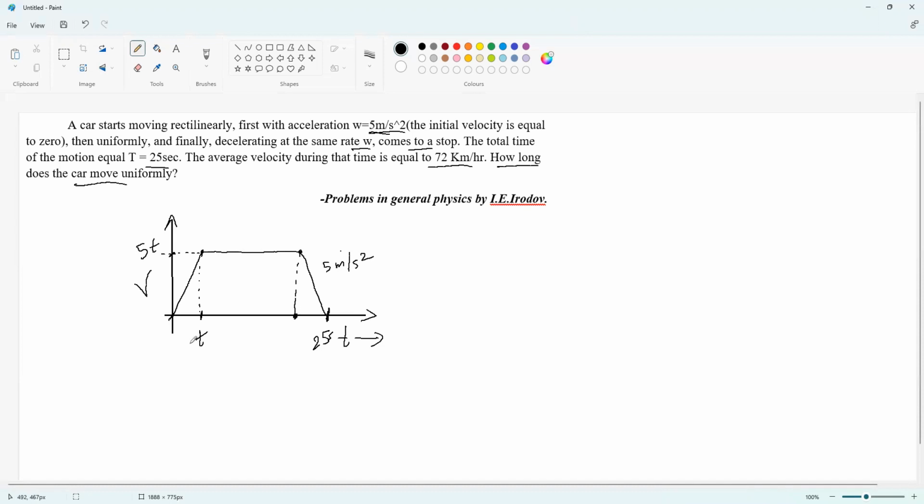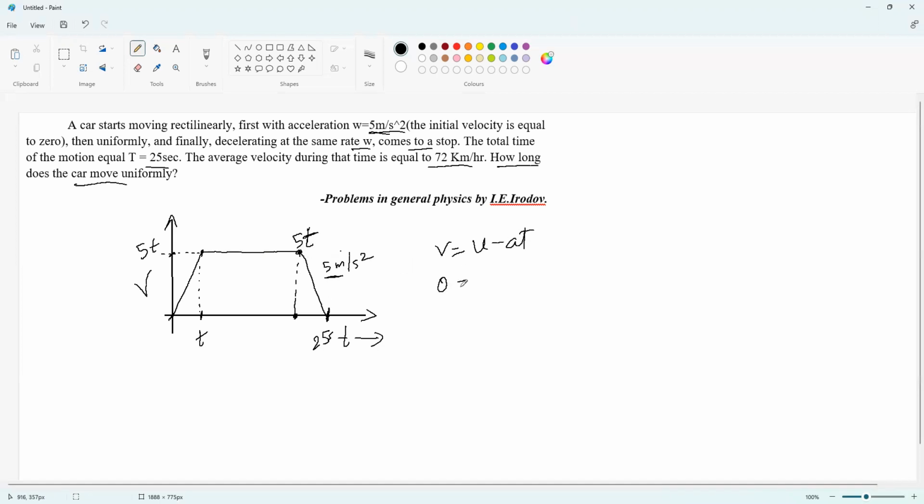Now, as we know, the velocity here is 5t, and it has to come to rest with a deceleration of 5. How long does it take to come to rest? Again, you can use the formula v equals u minus at only for this part of the time.